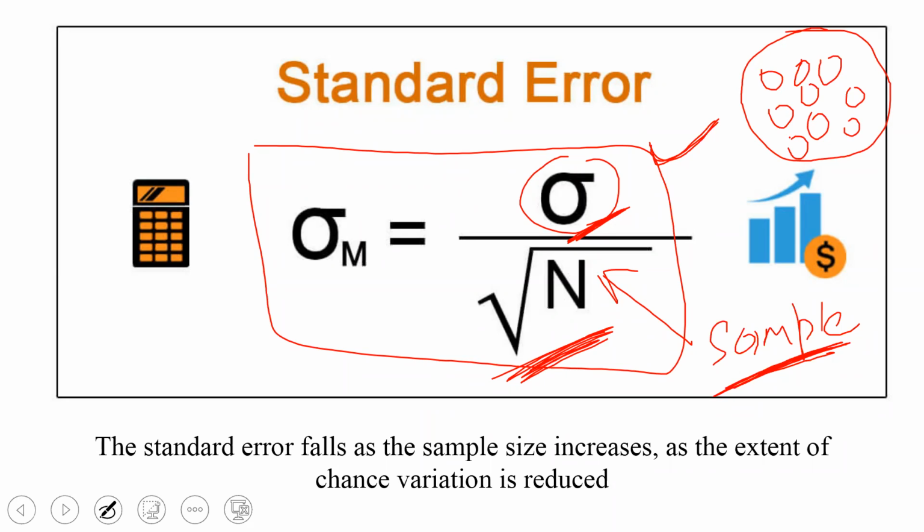That means I will come near to the actual population mean. So the same thing is happening here: if the value of n increases, if the number of people in my sample increases, then the standard error will decrease.